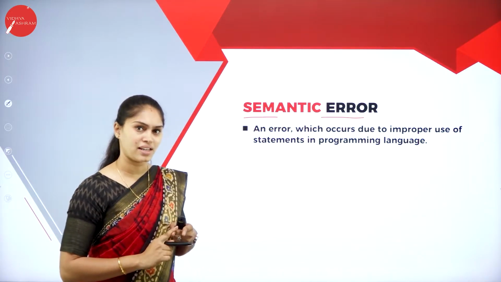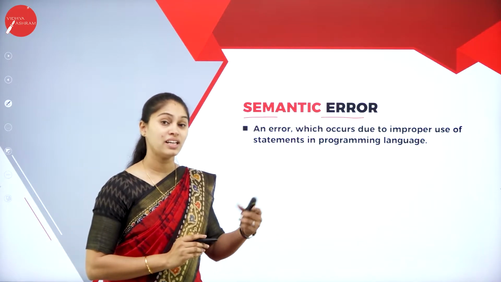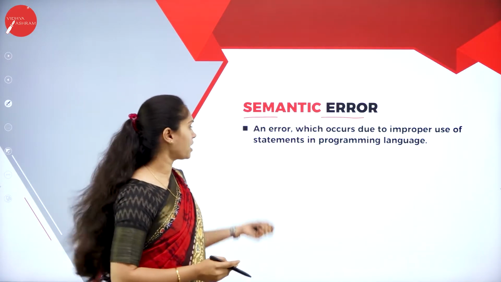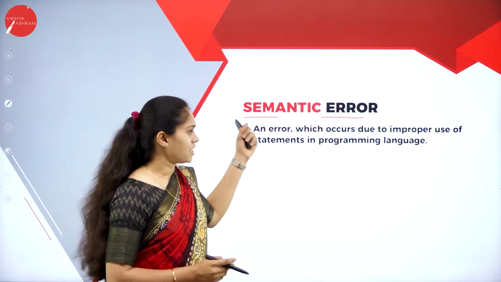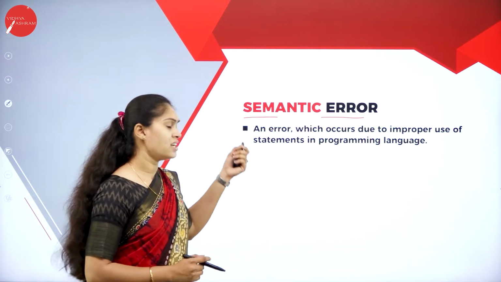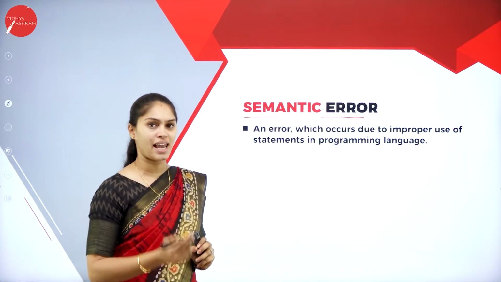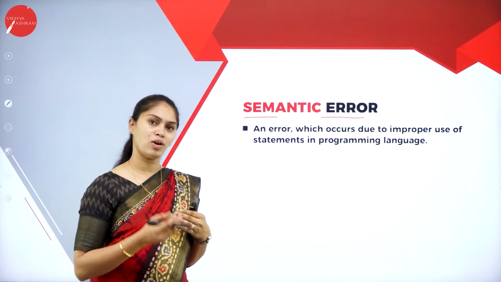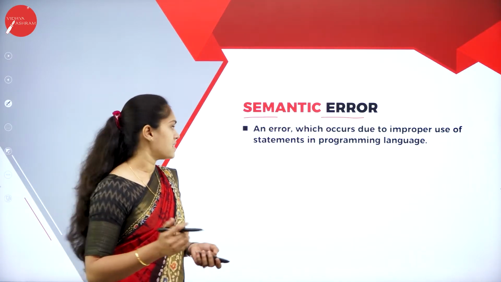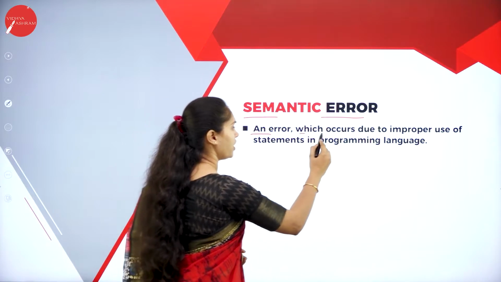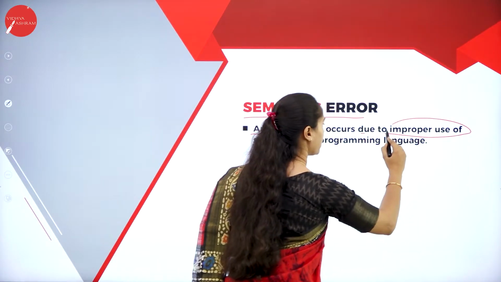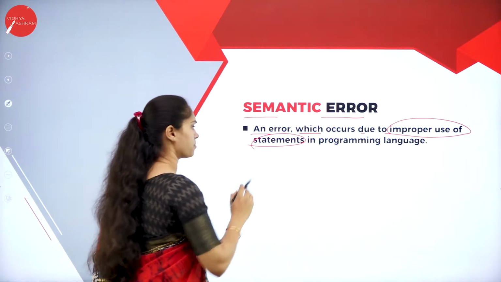Syntax and semantic. Syntax is nothing but grammatical mistakes. When it comes to semantic errors, it is improper usage of the statements in a programming language. Then what do you mean by improper usage of the statements? We'll see now. It is an error which occurs due to improper usage of the statements.